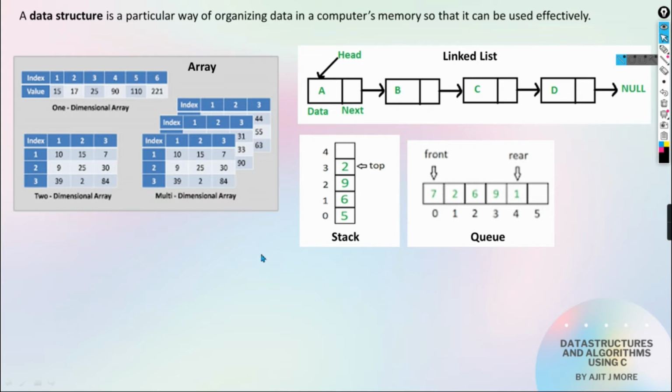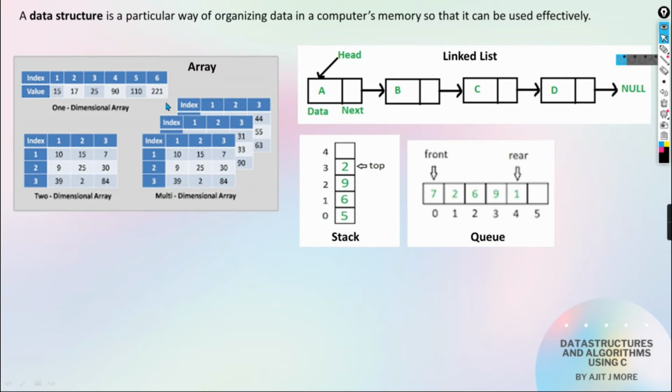Now all these examples you might have seen, here the data is organized in computer memory in different ways, but they all have one similarity: they are all linear. Linear in short means one element is associated with the next, and the next is associated with the next, meaning they are all in line.